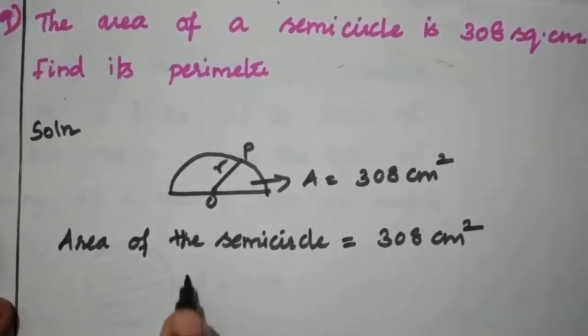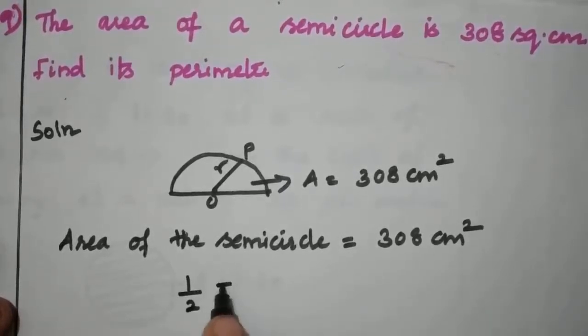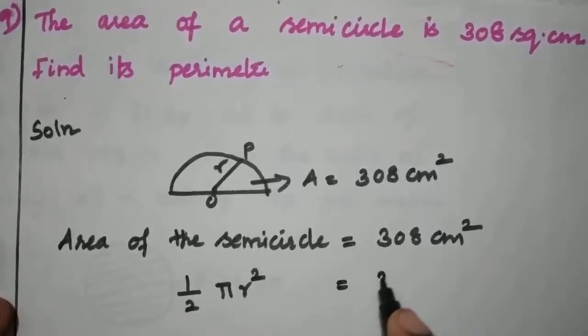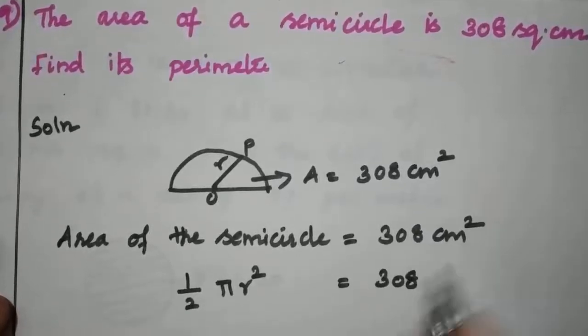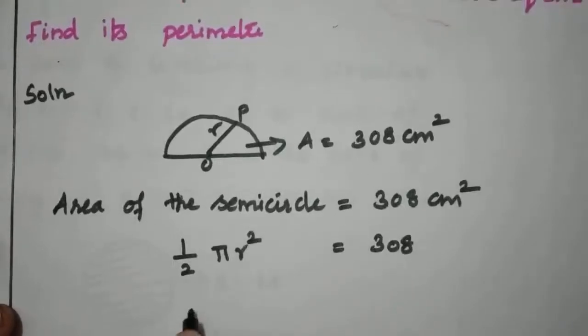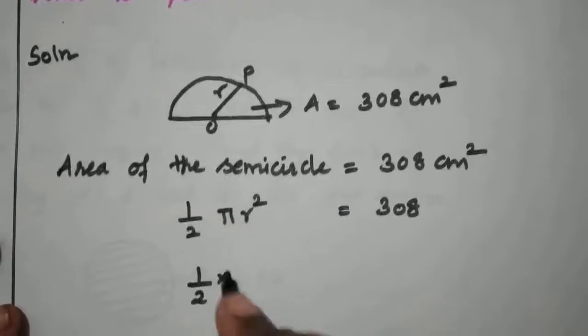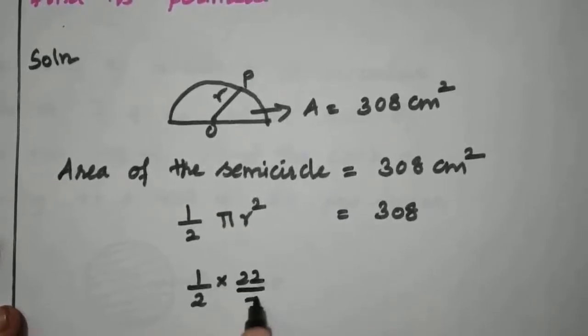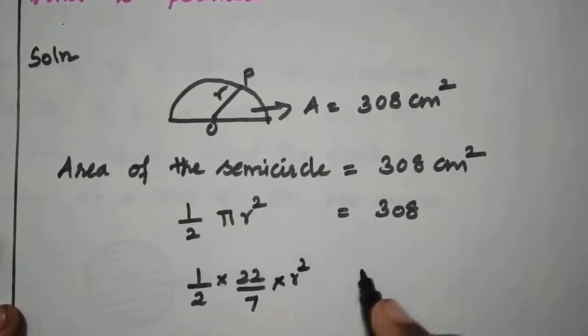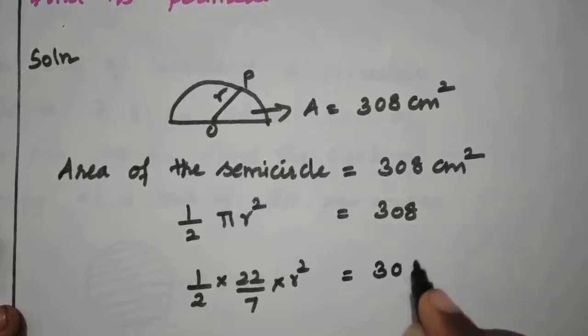Yes, that is 1 by 2 pi r square. This 1 by 2 pi r square value is given as 308 centimeter square. So 1 by 2 into, what's the value of pi? It's 22 by 7 into r square is equal to 308.